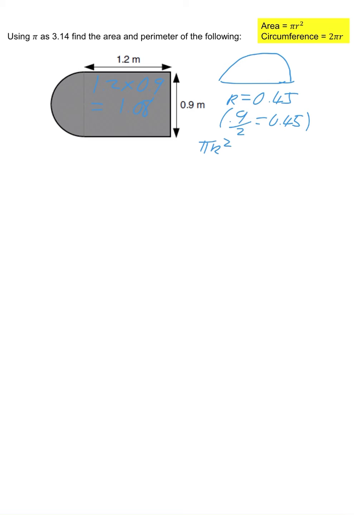But now this time, it's half a circle, so we'll have to divide that by 2. And pi in this question is 3.14, so we have 3.14 times 0.45, all squared, divided by 2 then, and that is equal to 0.318.